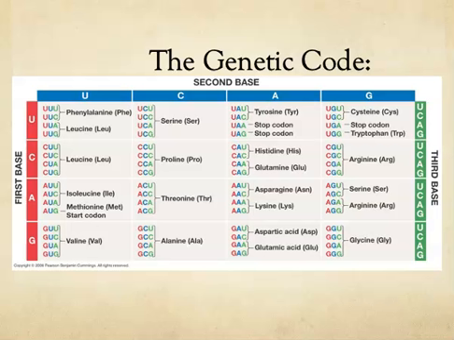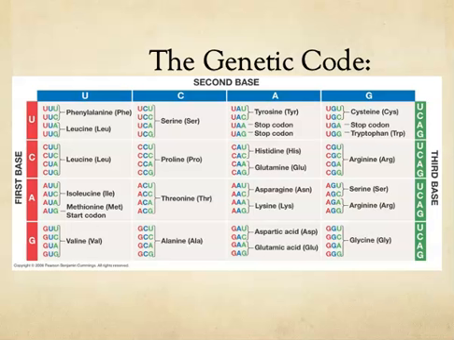And in translation, groups of 3 bases called codons will be read, decoded, in order to bring in amino acids in a particular sequence to build a protein.